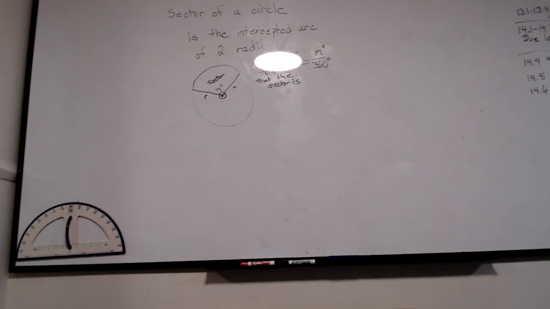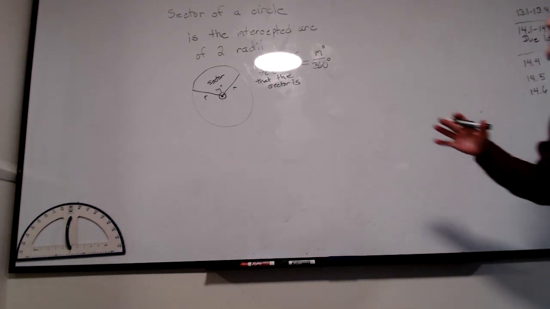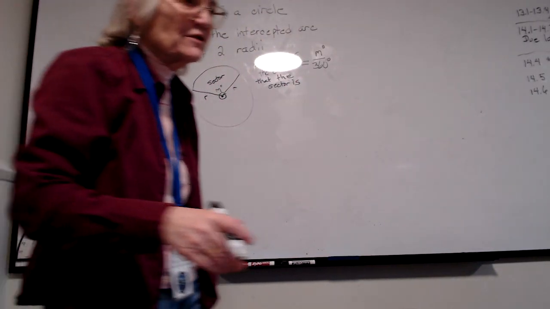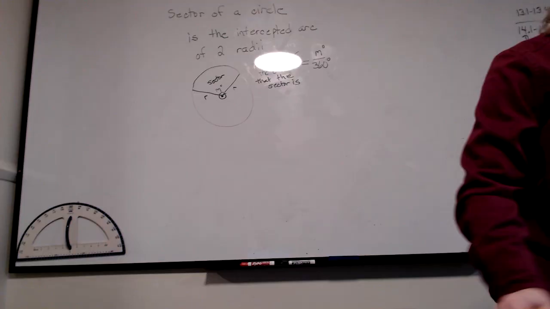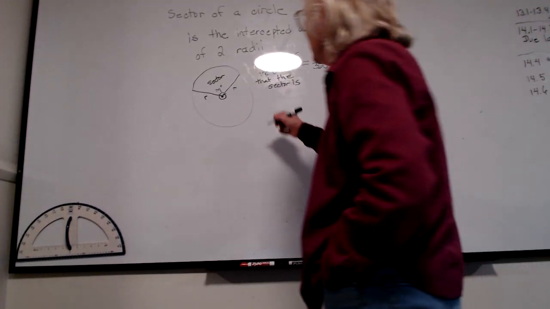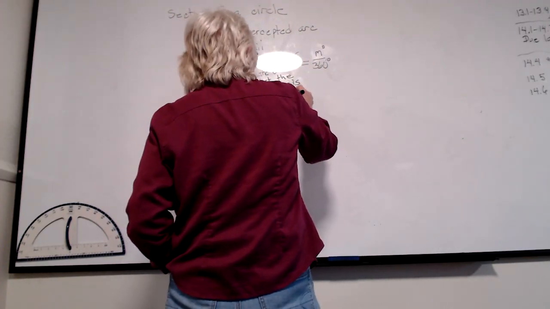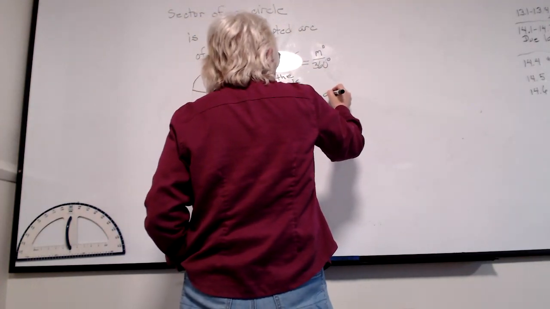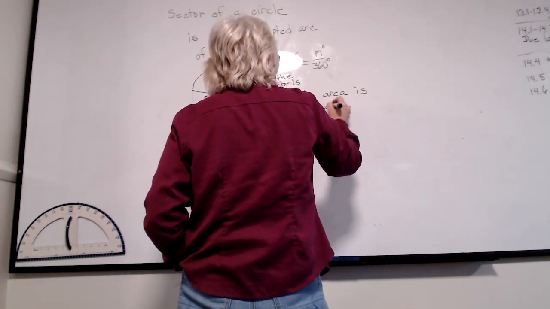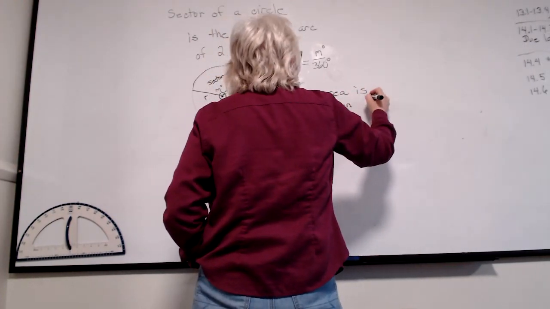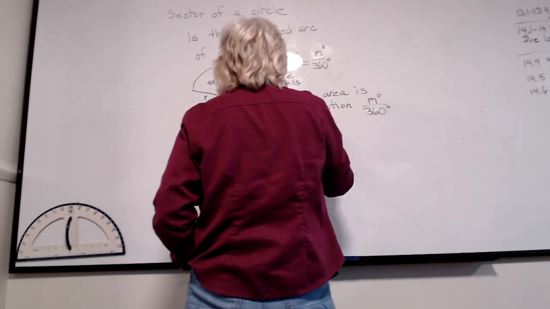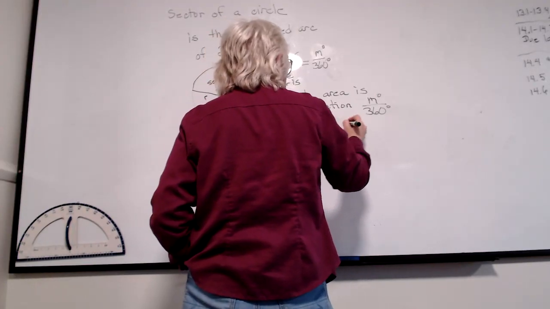So a sector's area is a fraction, m degrees over 360 degrees, of the circle's area.